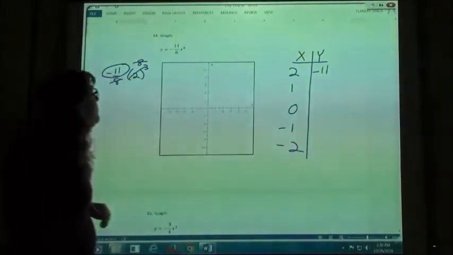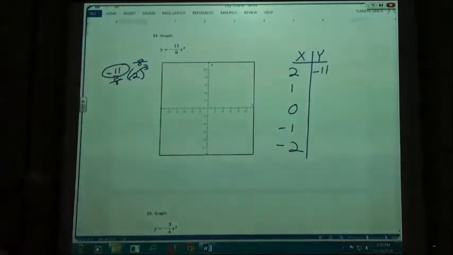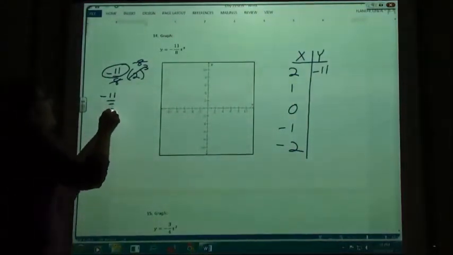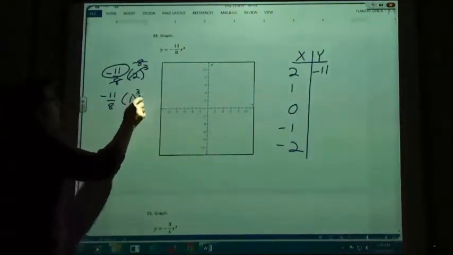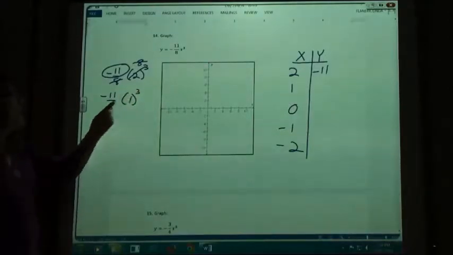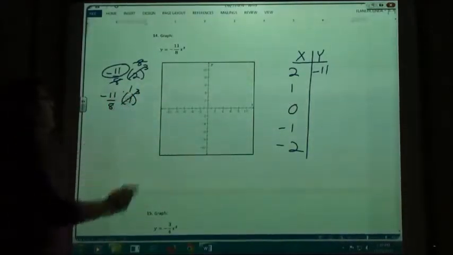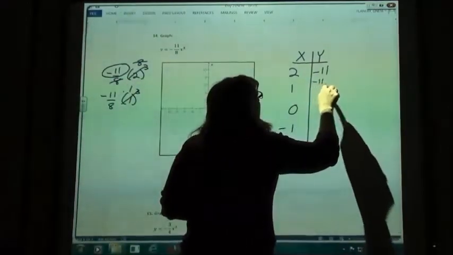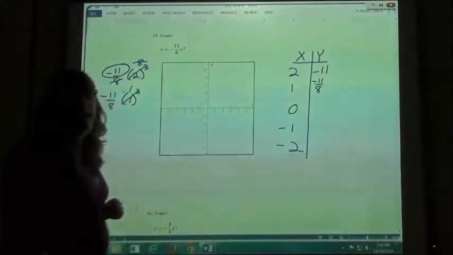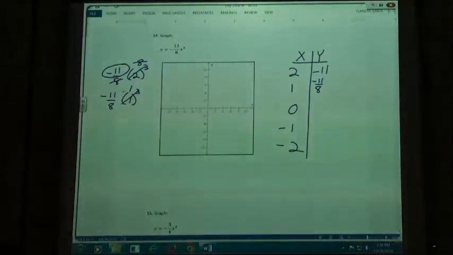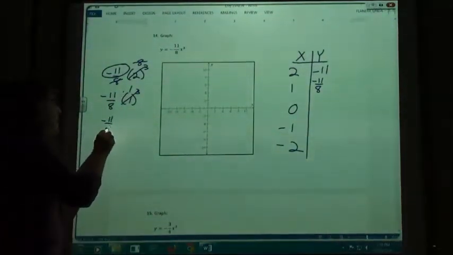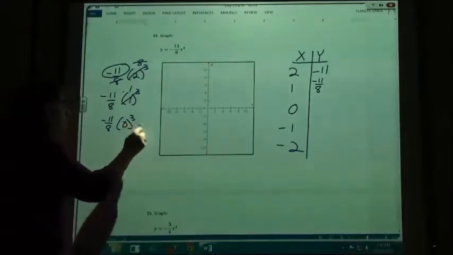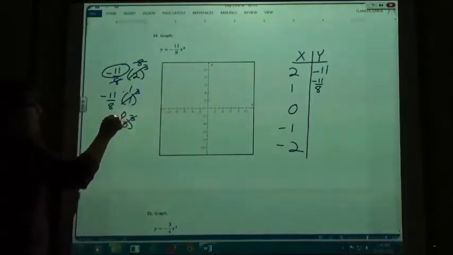Again, if you're really bad with fractions, put it in your calculator. Negative 11/8 times 1 cubed. 1 to any power stays 1. So negative 11/8 times 1 is negative 11/8, and of course that one's 1 you have to use your plot point tool on. Negative 11/8 times 0 cubed. 0 cubed is 0.